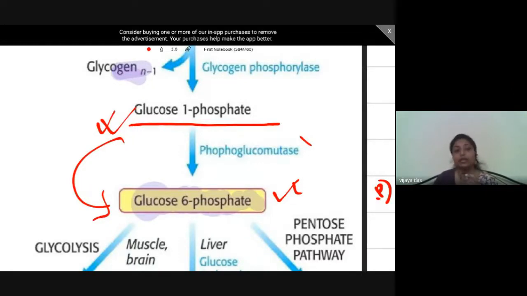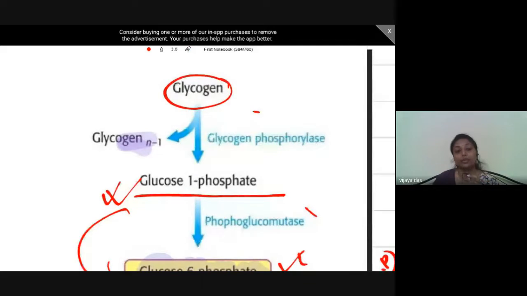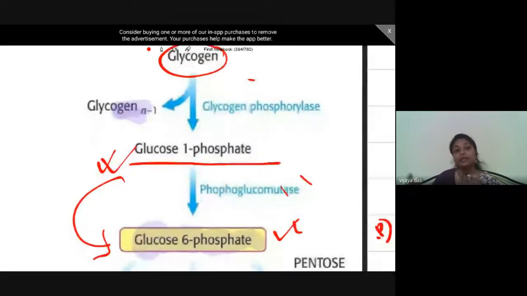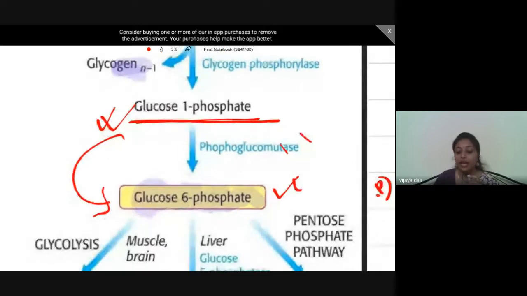And if you are learning about glycogenolysis, then the process starts from glycogen, leads to glucose 1 phosphate, and then converts into glucose 6 phosphate. So we need to identify that these two methods depend on these two molecules, glucose 1 phosphate and glucose 6 phosphate.